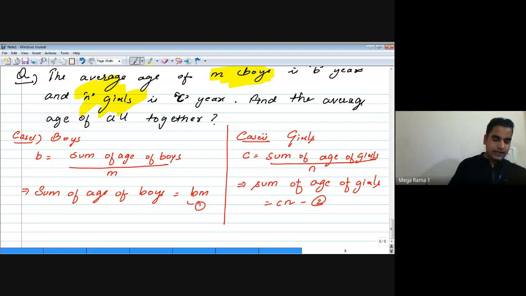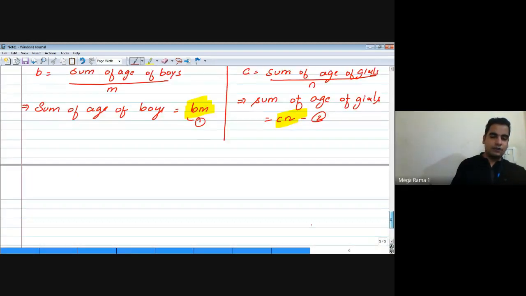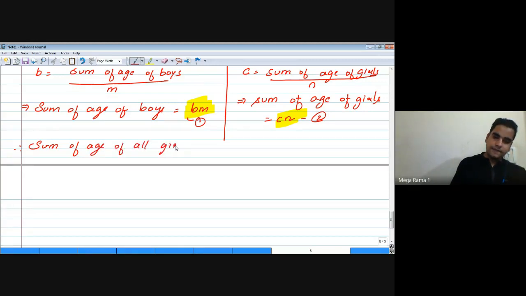So now what do we have? We have the sum of age of boys and the sum of age of girls. If I ask you what is the sum of age of all girls and boys, what will be your answer? Therefore, the sum of age of all girls and boys is equal to BM plus CN.